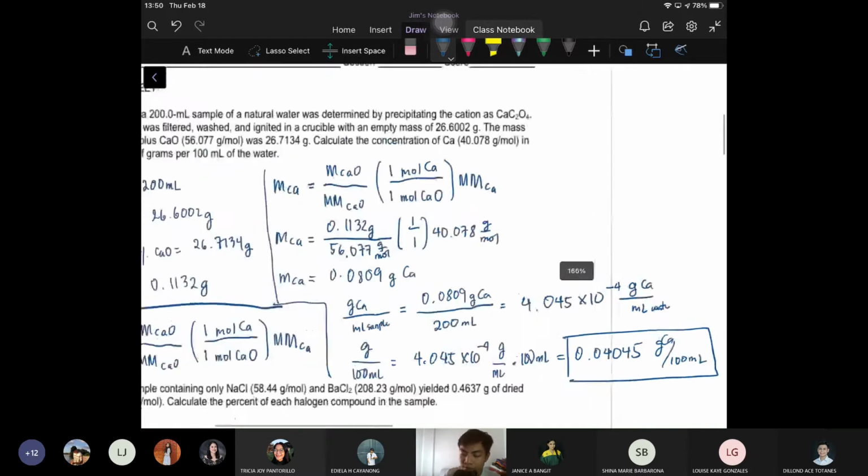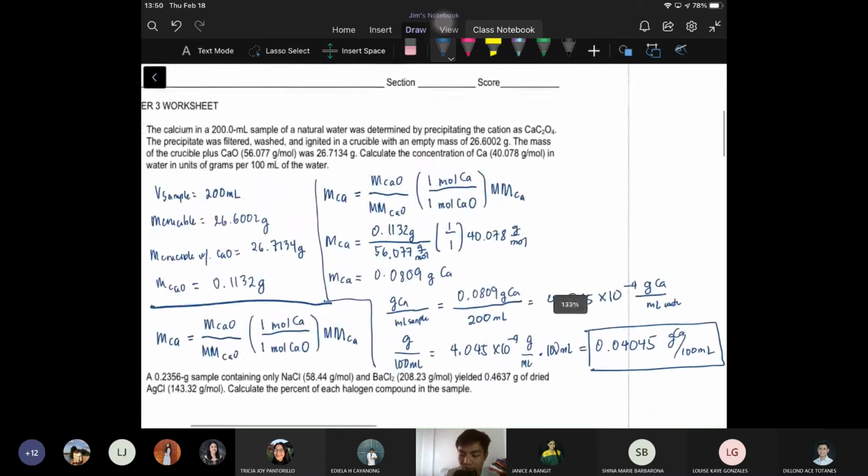Okay. So, ganyan mag-solve lang, no? So, walang bago dito. Stoichiometry lang talaga yung focus natin dito, no? So, again, how were we able to solve this problem? So, from the initial given masses there, you have to identify ano yung mass ng precipitate mo, ng calcium oxide. So, from the mass of the calcium oxide, you can convert that to mass of your calcium.